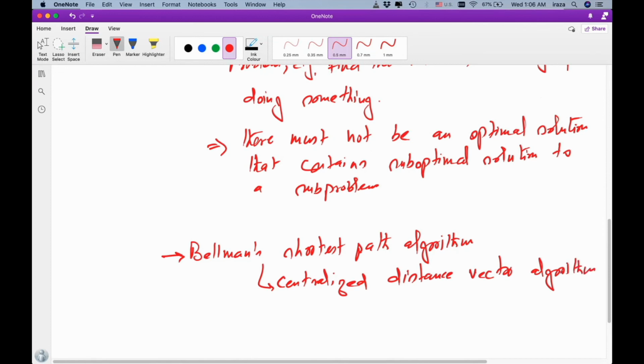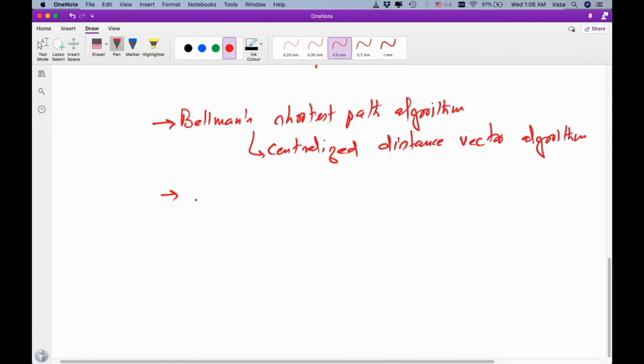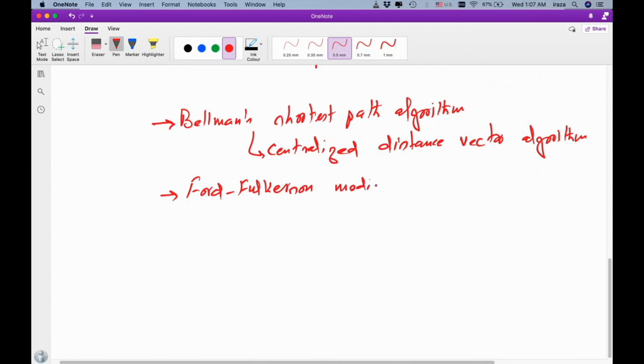Then later on, Ford and Fulkerson in 1962 modified the centralized algorithm originally proposed by Bellman to propose a distributed version, right?